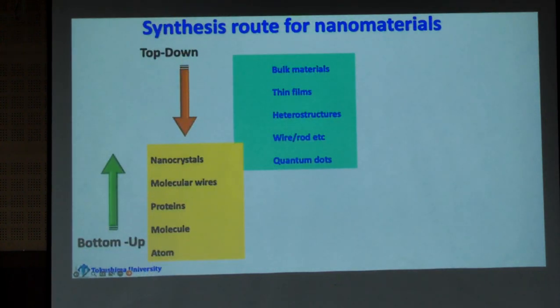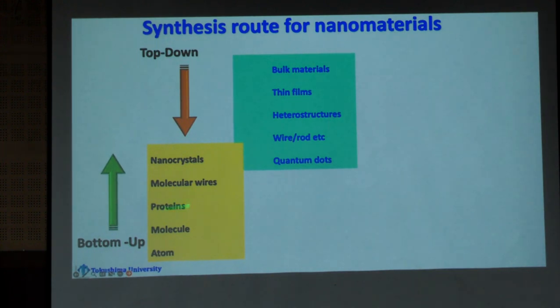So these are some of the materials that you can synthesize, you can prepare, using the 2 approaches, top-down or bottom-up technique. So you can prepare various thin films, rods, wires, quantum dots, or nanocrystals.